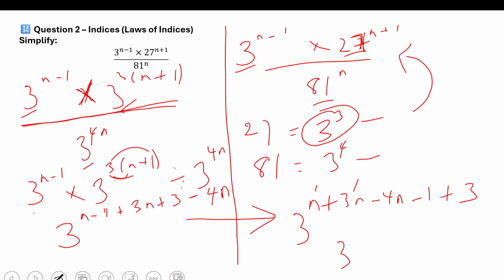So 3 raised to the power 4n minus 4n, then minus 1 plus 3 will give us plus 2, right? So this will cancel this. So I will have 3 raised to the power 2, which is 9. So 9 is the answer.